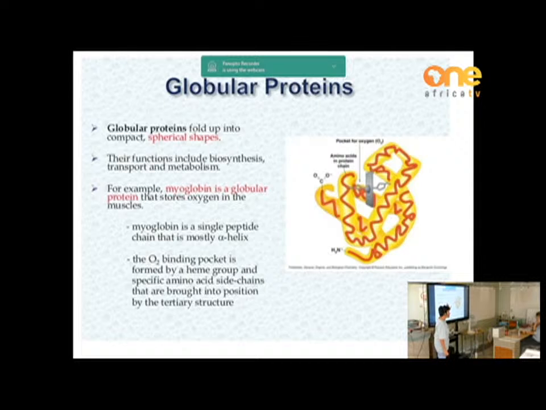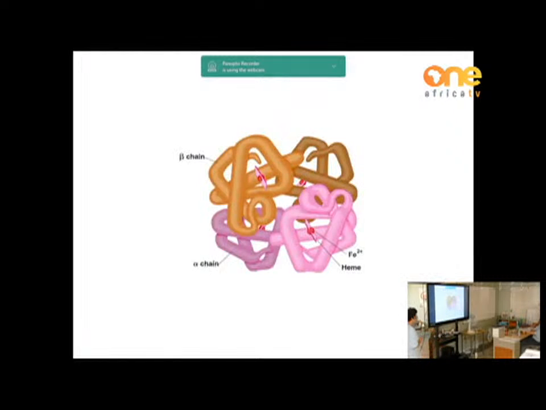Okay? And you will learn about myoglobin when we do oxygen and respiration. But it's important now to understand it is a protein. Protein makes the structures in our body. Right. Okay, so myoglobin is a globular protein.